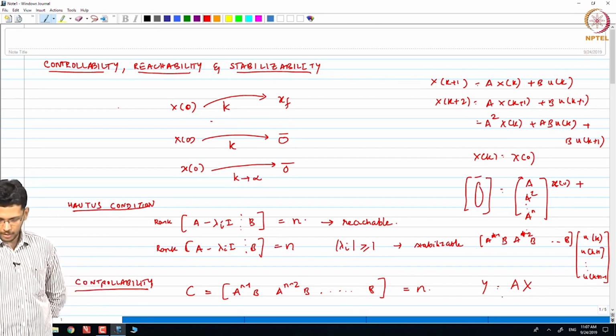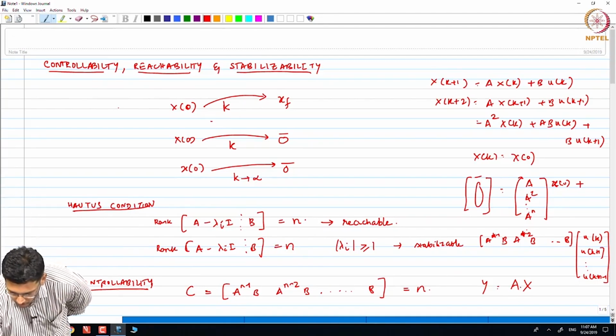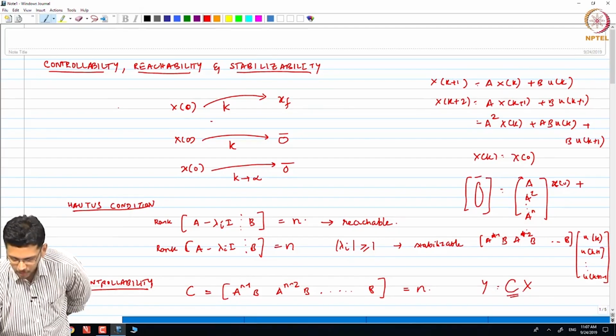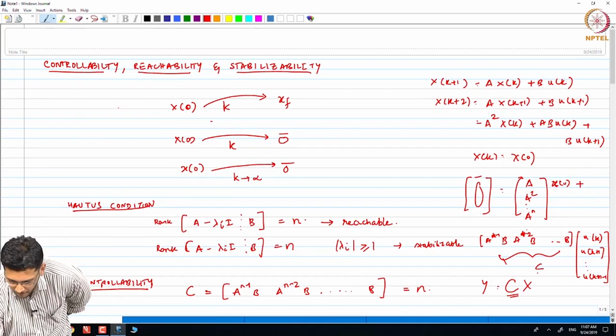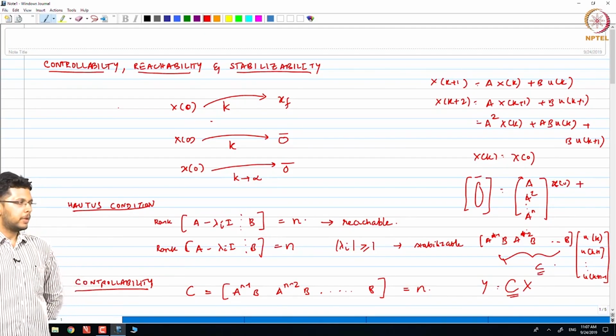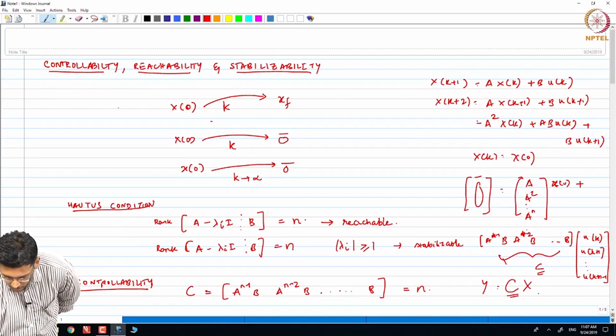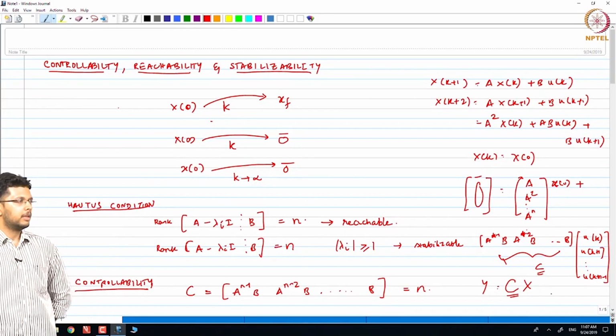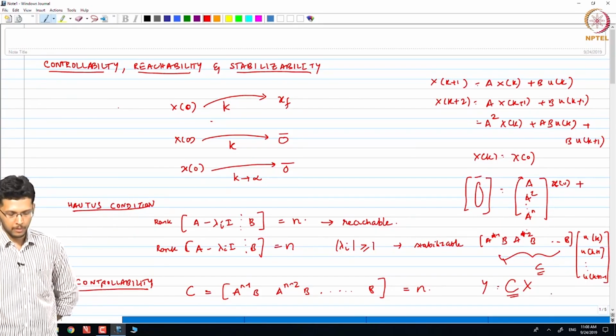To solve this, you need, sorry, this is the controllability matrix. So for this equation to have a unique solution x, this C matrix has to have the rank n. So this controllability matrix must have a row rank of n. If this is satisfied, the system is controllable.